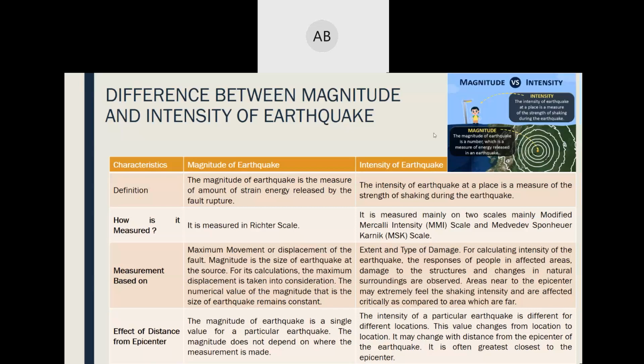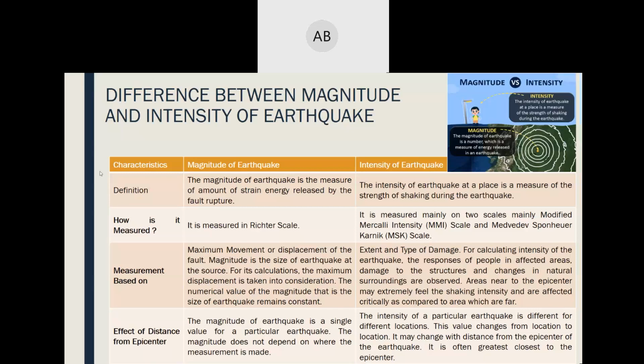But apart from the magnitude, how we feel the shaking at the place where we stand is another parameter, which we describe with the intensity of the earthquake. Intensity is the strength of shaking of the earthquake.